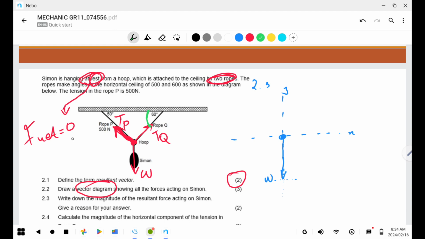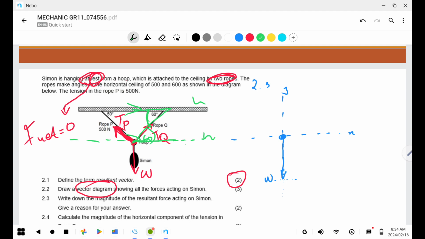If I draw another horizontal line over here, the ceiling is horizontal. So this is horizontal, this is horizontal. So clearly these are parallel. I'm going to apply maths here. So if these lines are parallel, it means we're going to have the Z angles, the alternating. Are they alternating? Yes, they are alternating angles. It means that the angle over here will be equal to 60.